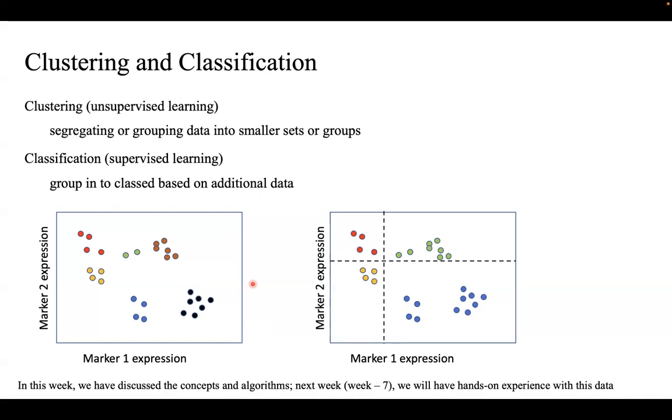If I know the expression of these two genes, gene 1 and gene 2, I can say something about what the cell type is. So you take the liver section, make a single cell suspension, find out the expression of these two markers, and plot them.